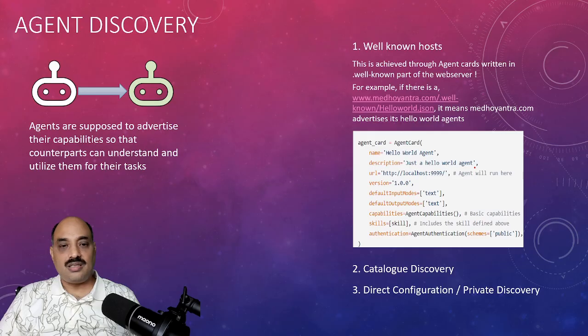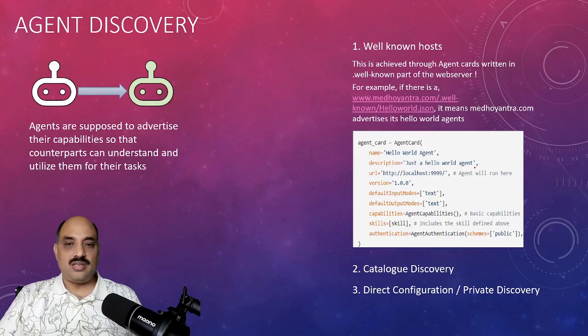That is a JSON structure, and that JSON structure is supposed to be in your domain dot well-known slash agent.json. So the moment you see that, your agent will be discoverable by any other agents in the world. So if your domain is accessible internally to an enterprise, or accessible across the world, and anybody looking up at dot well-known slash finds agents there, that means this domain will support AI agents.